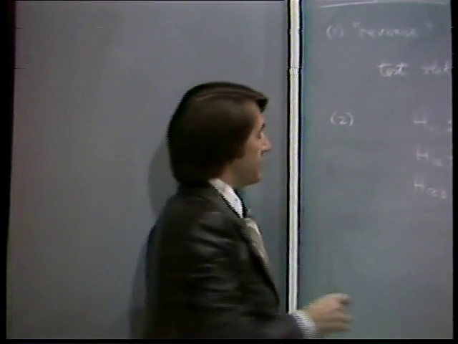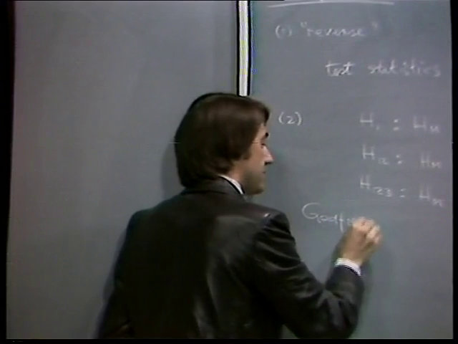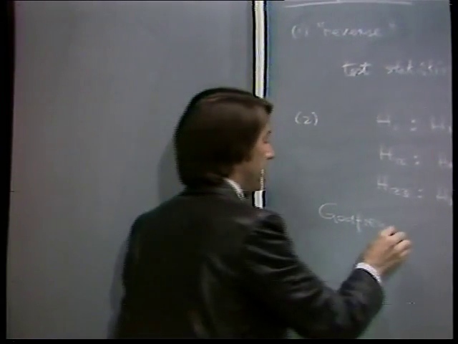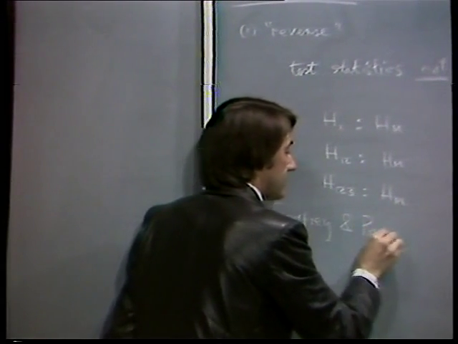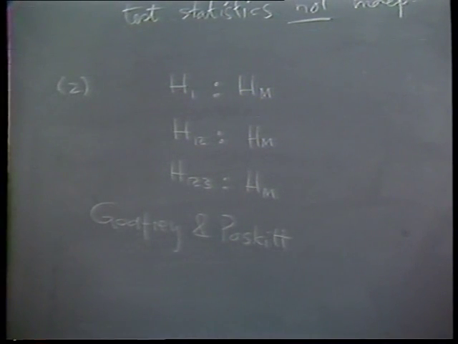And in fact, this is the procedure that was suggested, among other people, by Godfrey and Poskett for the problem of determining the optimal order of the Almon polynomial for a distributed lag.